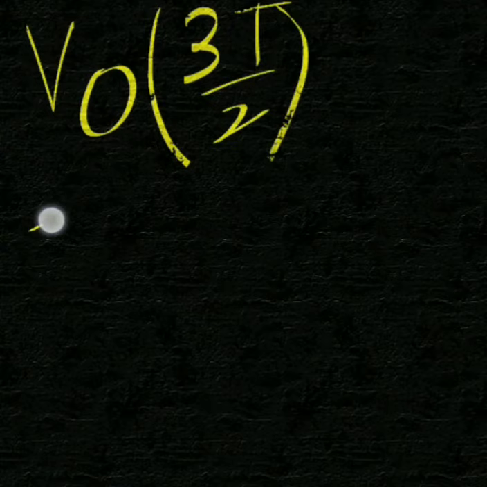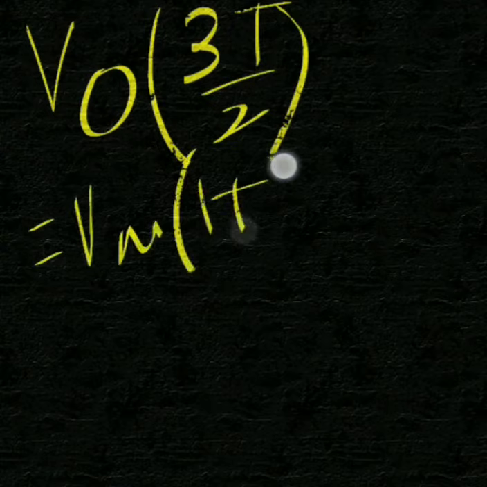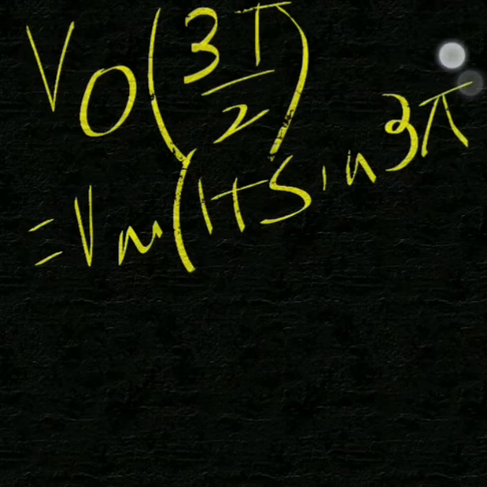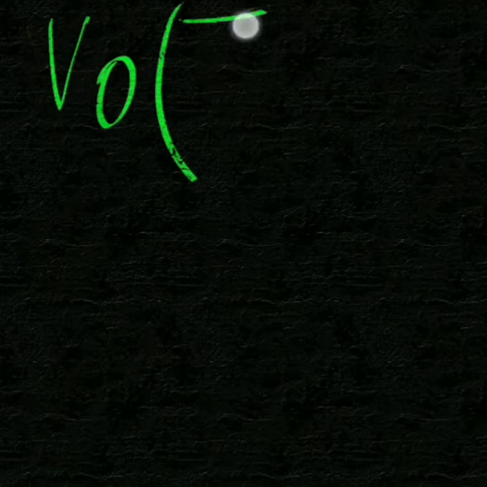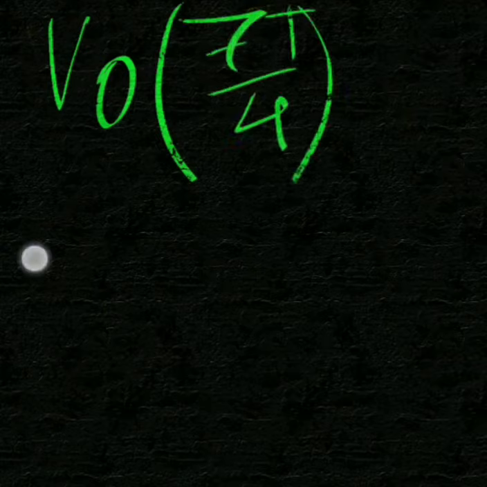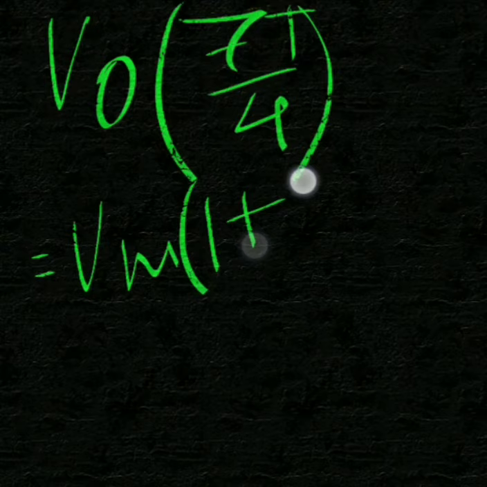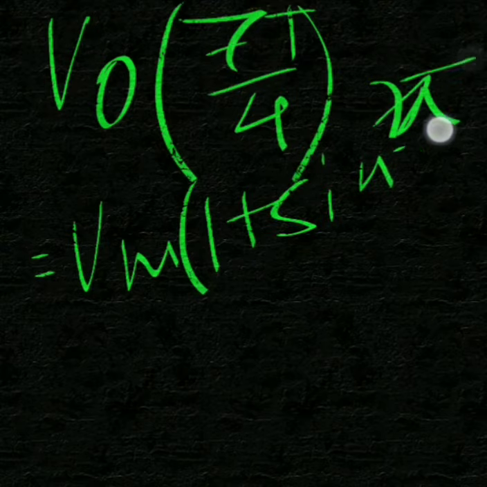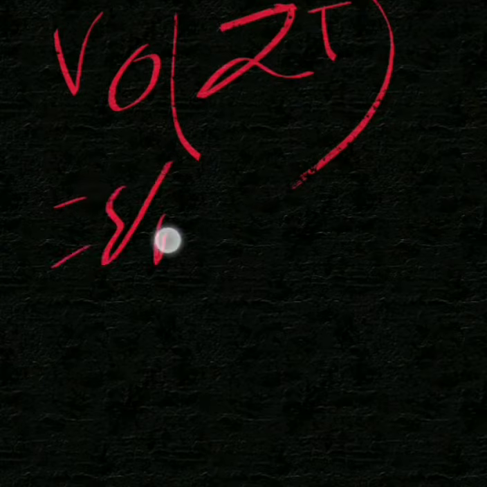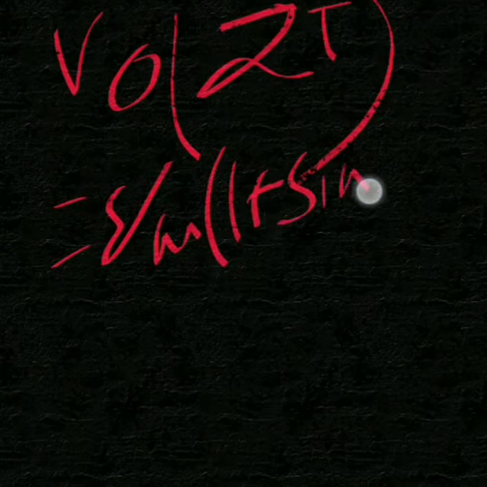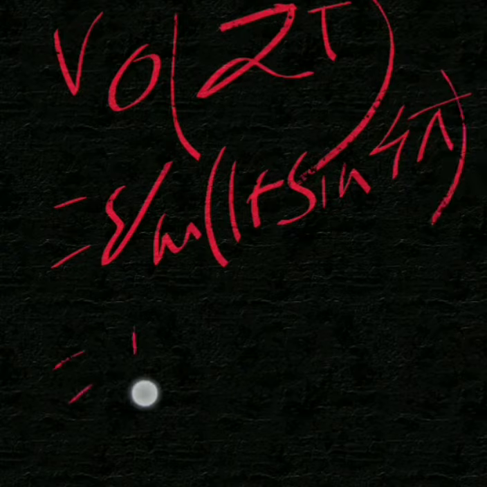Vo at 3T upon 2 will be Vm into 1 plus sine 3 pi, that is Vm. Vo at 7T upon 4 will be Vm into 1 plus sine 7 pi upon 2. Sine 7 pi upon 2 is minus 1, so this is 0. And Vo at 2T will be Vm into 1 plus sine 4 pi, that is equal to Vm.